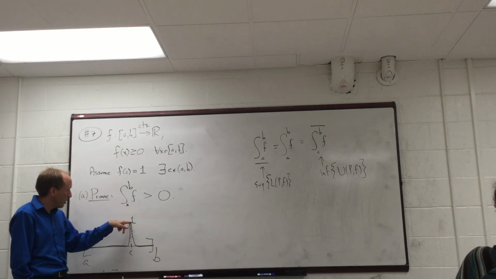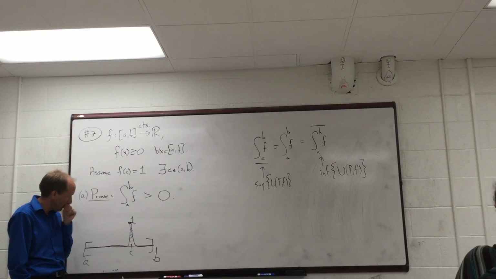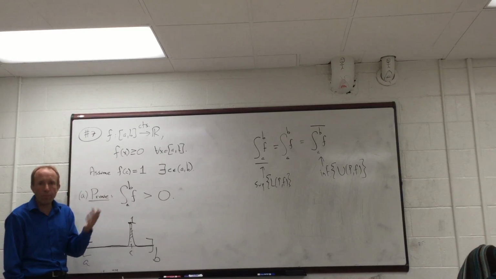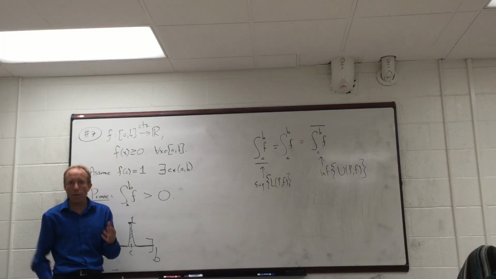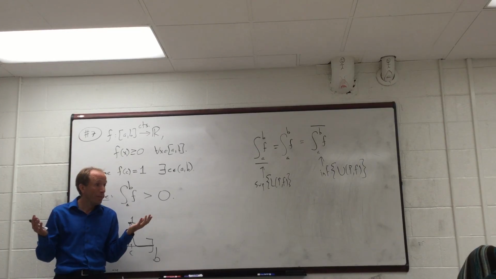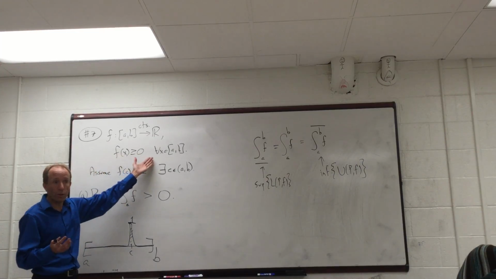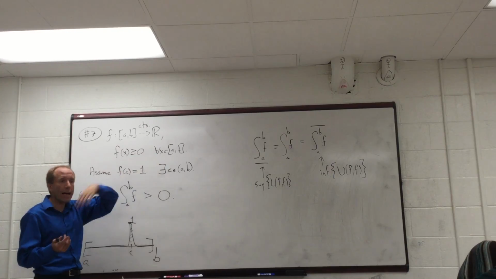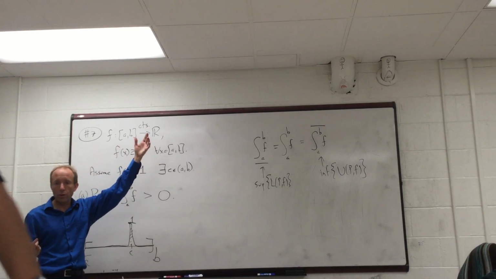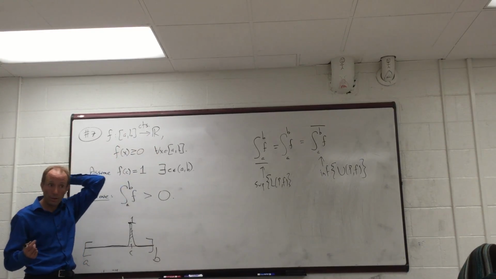Got to hit this point, y value of 1 here. I know that all of my big M_i's, all of my little m_i's, they're all at least 0, because the function is always at least 0. So you're adding up a bunch of numbers that are always 0 or more.